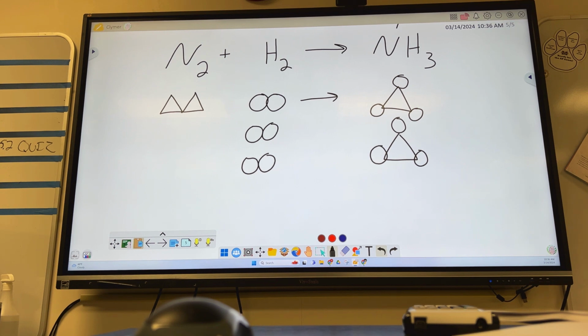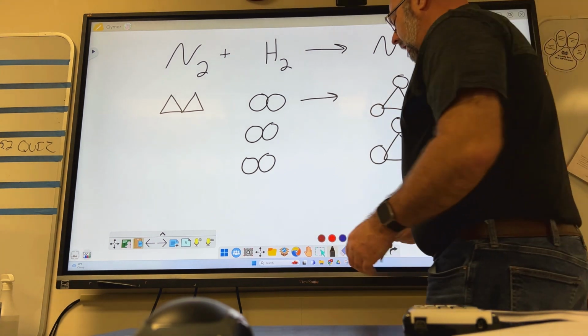Okay, I heard a 2 and a 1. Some of you are right and some of you aren't. A molecule of nitrogen. What is a molecule of nitrogen? Nitrogen is diatomic. So when I'm referring to a molecule of nitrogen, I'm talking about N2. If I said how many atoms of nitrogen, that would be a different number. That would be the 2 that you're talking about.